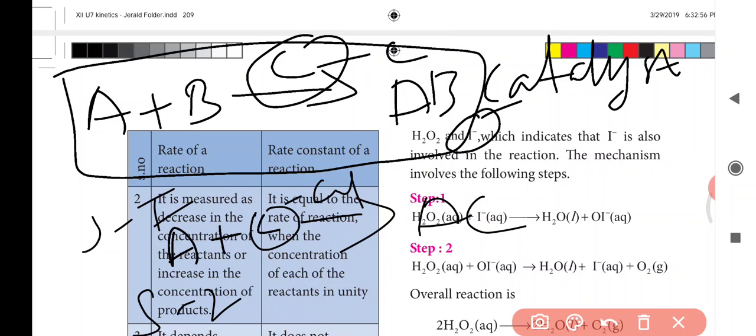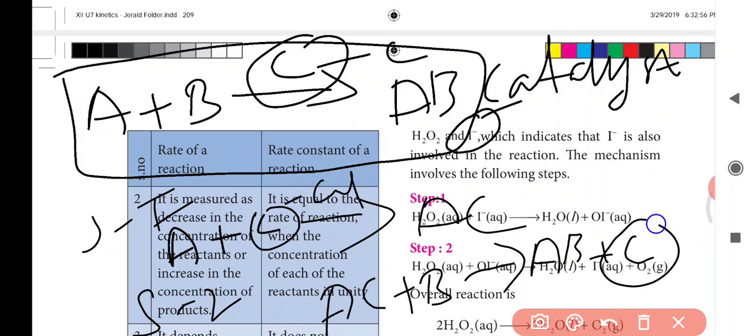Step 2 is AC plus B gives AB plus C, so we get the C again. These are the steps of this overall reaction.